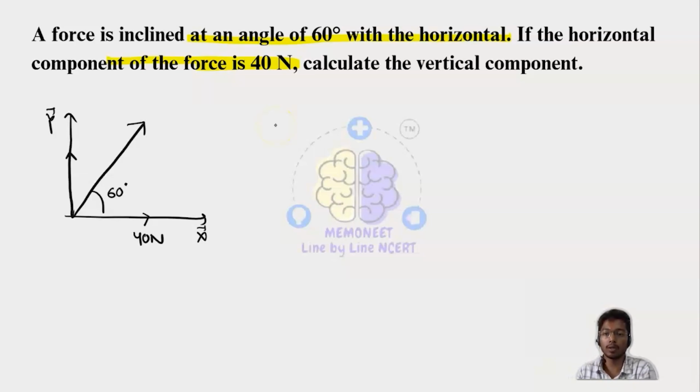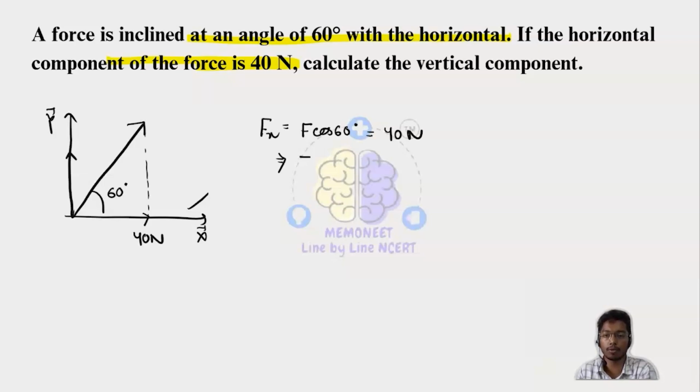If we take the projection here, that is a cos theta, so let's say it is Fx. Fx is equal to F cos 60, and that is equal to 40 Newton.